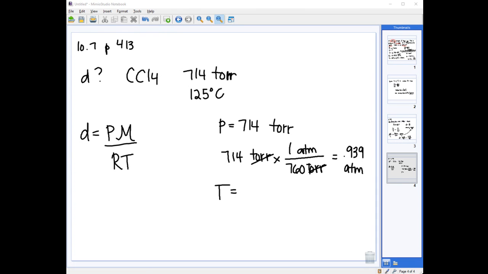So I take my temperature in degrees Celsius and add 273, and I get 398. Now I have pressure in my correct unit, and temperature in my correct unit. I have my ideal gas constant, I know what that is. What about my molar mass? How am I going to find that?